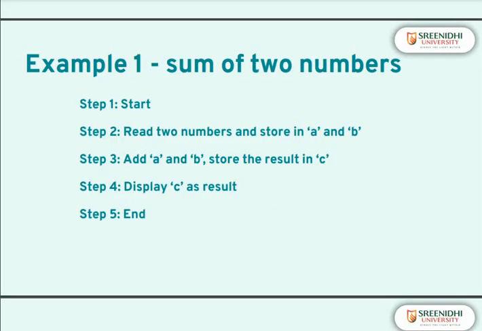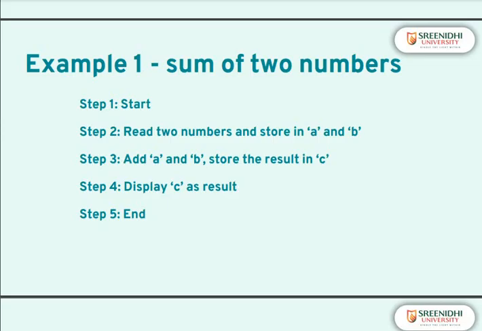Look at this example. I want to find the sum of two numbers. You can write the algorithm in simple English language sentences. Step 1 and step 5 are start and end, or begin and end. If you want to add any two numbers, you need to read those two numbers first.